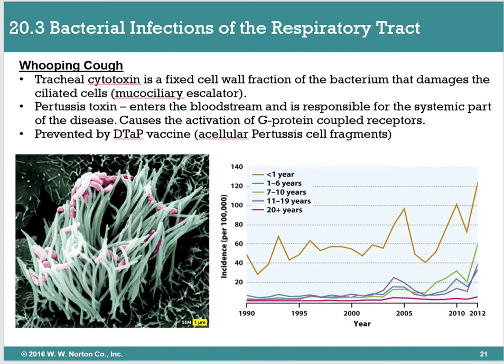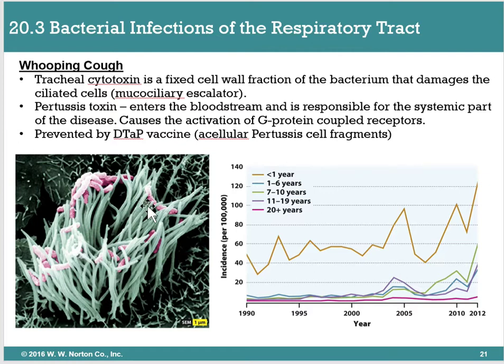Okay, so additional things about whooping cough. With whooping cough, there is a tracheal cytotoxin that will adhere to the cell wall or cell membrane. And with that, it will actually start damaging the ciliated cells of our respiratory tract.